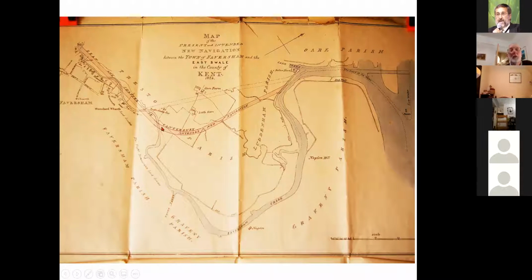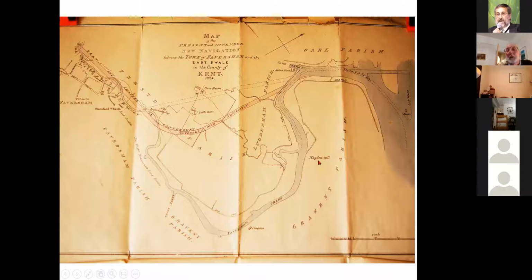The plan was to dig a channel through here, straightening off this bit and straightening some of the bits nearer town, which were a little bit too curvaceous. Nothing happened because there were arguments about the cost of doing this and whose responsibility it would be to maintain this canal here.